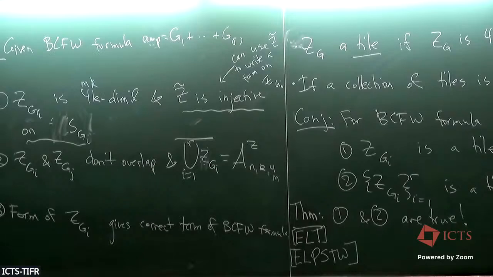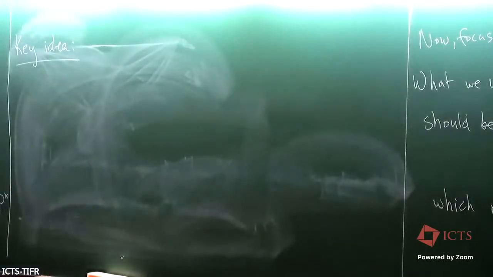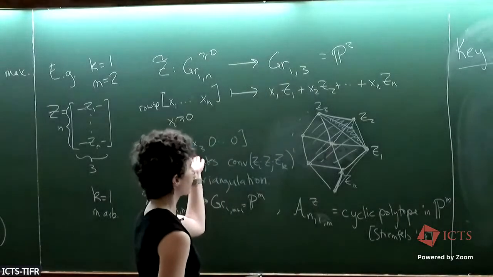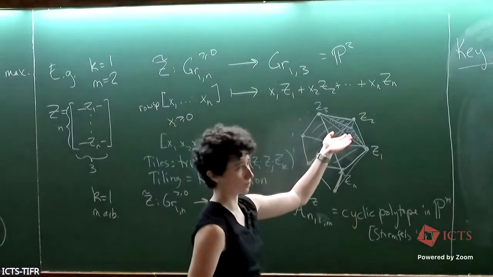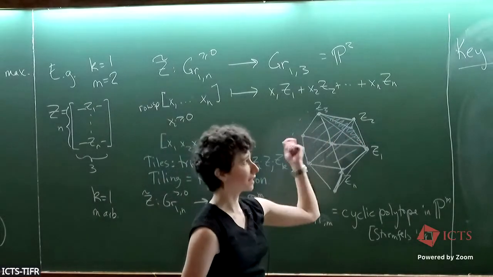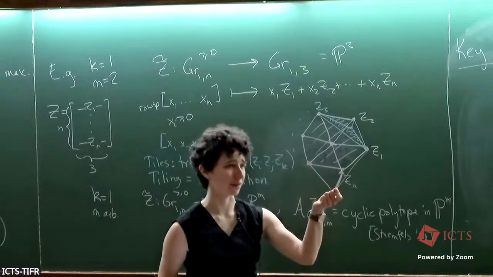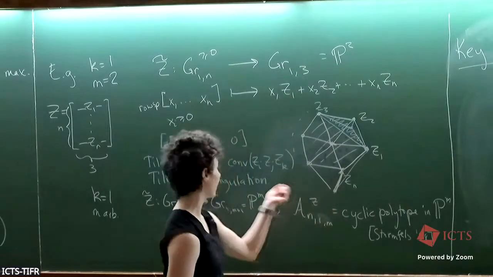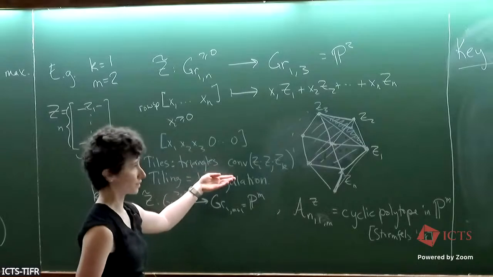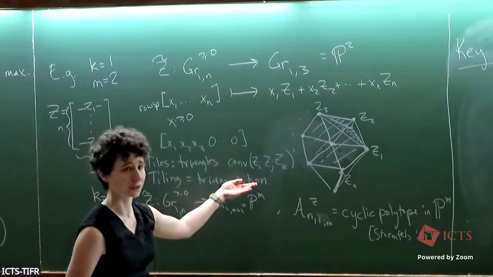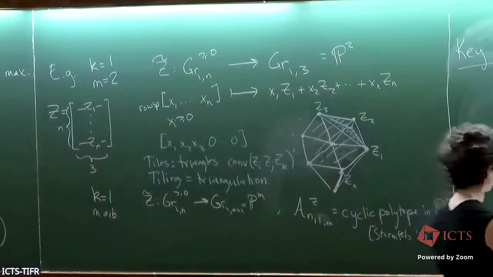The key idea of this proof is, basically, we can see from this picture, the way I defined tiles was as images of positroid cells where the Z tilde map is injective. The key idea of that proof is that's a really bad way to think about tiles. The much better way to think about tiles is as, in this situation, triangles. That's much simpler.